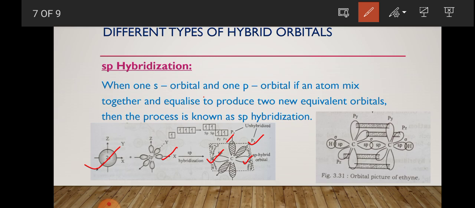In this case, sp orbitals lie in a straight line. Look here, please, attention please.